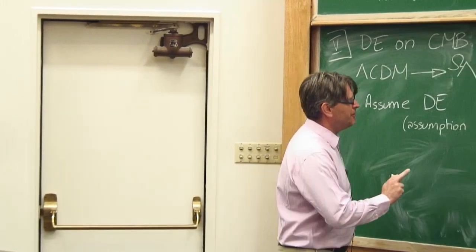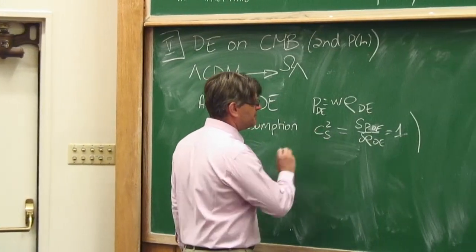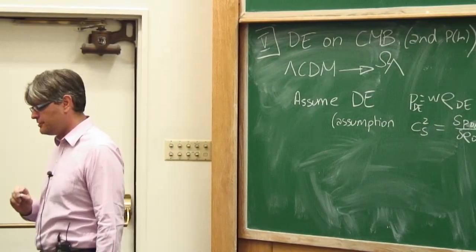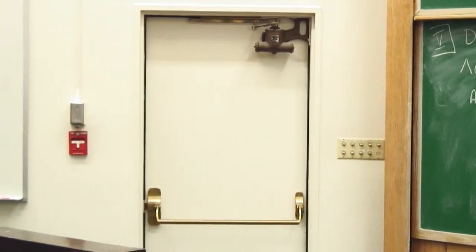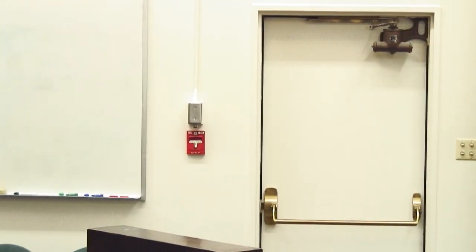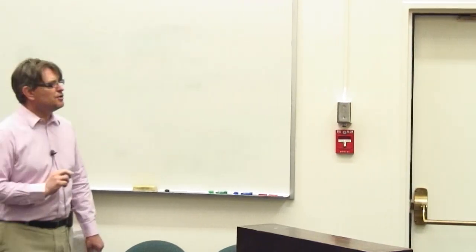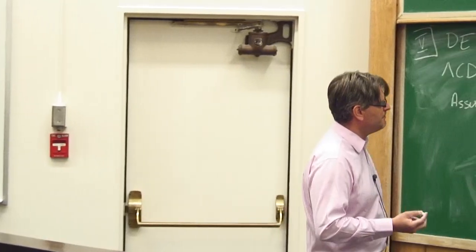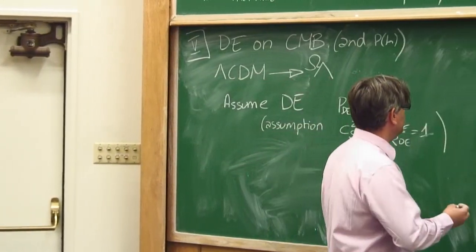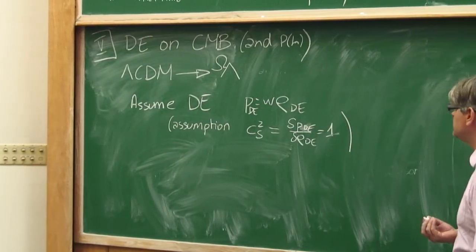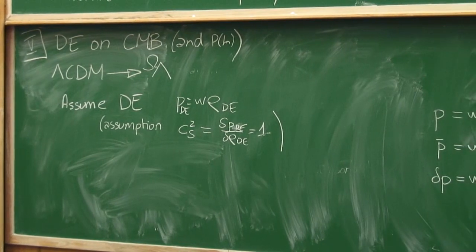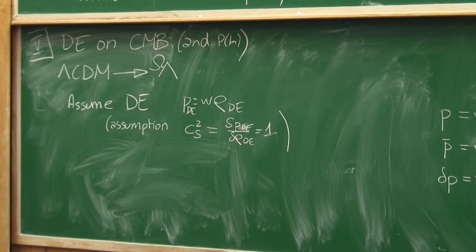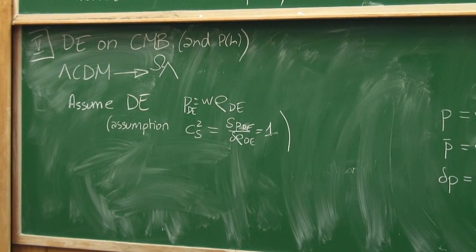Keep in mind, if you work on these topics, that the sound speed of a species is a gauge-dependent quantity. With a gauge transformation, you will find a different value. So usually when people refer to the sound speed of dark energy, what they mean, even without saying it, is that they define it in the gauge comoving with dark energy.